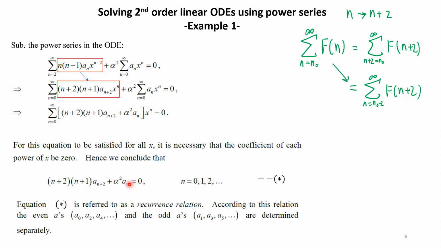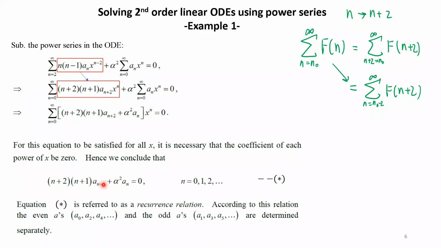So what it means is a relation between a_n and a_(n+2). That means if you know a0, you will know a2. Then because you know a2, you use this relation again and you will know a4, a6, and so on. This is all just for even indices. Now if you know a1, then you will know a3, and if you know a3, you will know a5, and so on.